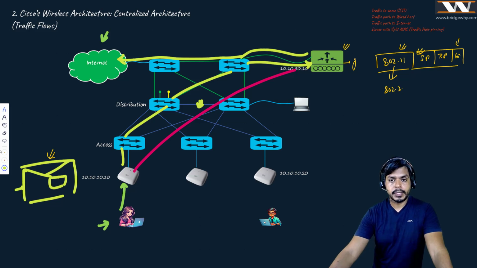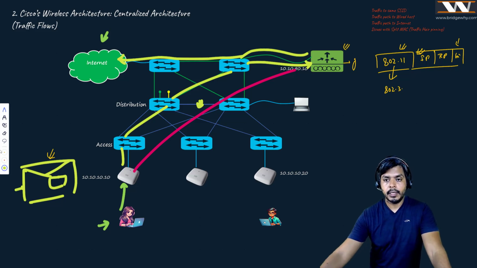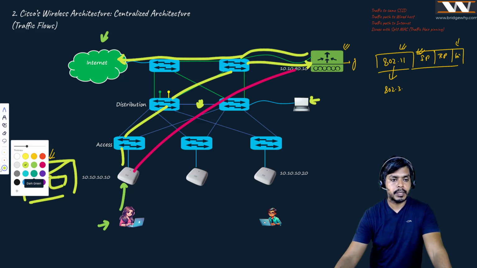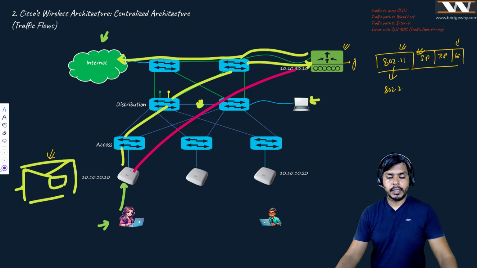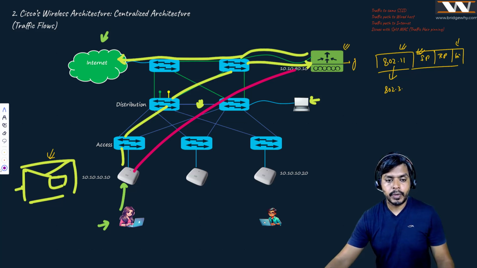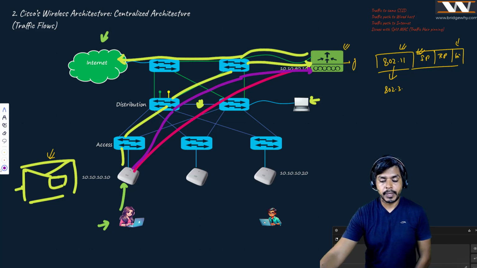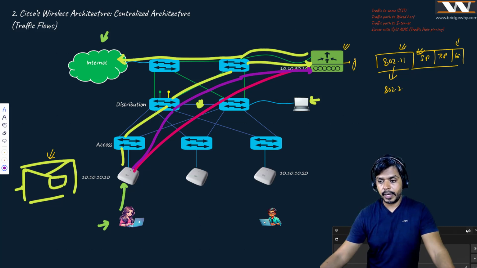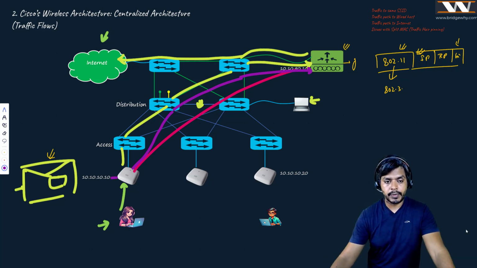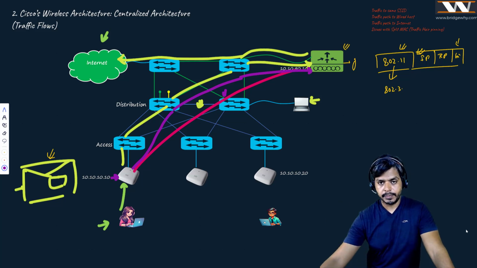If we talk about the traffic data path to this computer C, what is going to happen? Let me take another pen, maybe the green, maybe the magenta one here. It will be going from here to here towards distribution, right? Again, it will be reaching the WLC. Why? The reason is simple, because whatever the access point has here, it is going to send towards the WLC over this red color tunnel, right?